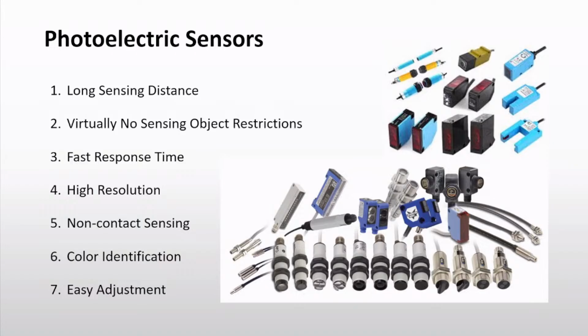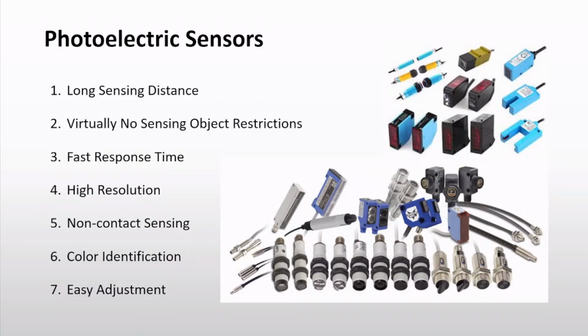I mentioned non-contact sensing. Also, photoelectric sensors can be used for color identification. Now you know that some surfaces absorb color and some surfaces reflect colors totally. Using that principle, we can use photoelectric sensors for color identification also.